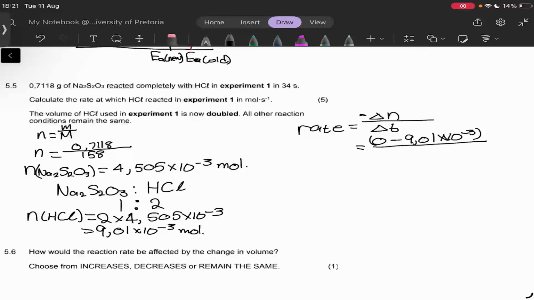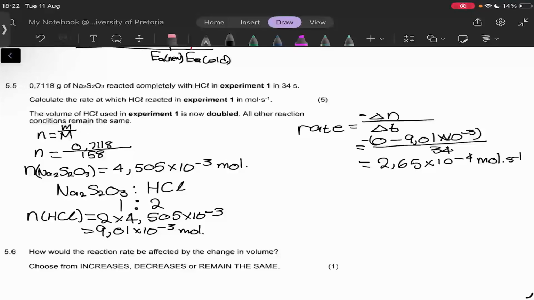And then the change in time, in this case, is just going to be 34 seconds. That's given to us. My negative is outside just to make sure that I end up with a positive answer. And I then end up getting my rate to be 2.65 times 10 to the power of -4 moles per second.